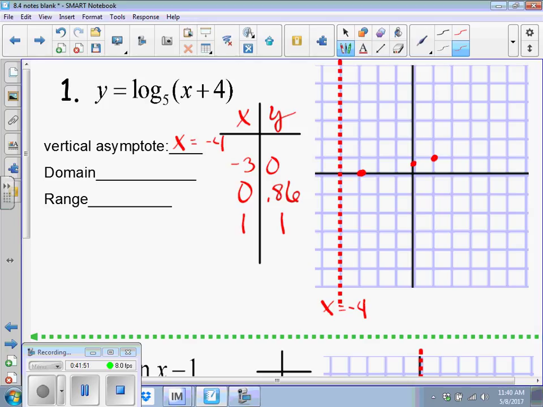Now, if you look at the graph in your calculator, it's going to look like that graph stops. This graph does not stop. Remember, it's the reverse of the exponential, so it keeps going in both directions. This graph looks like this.